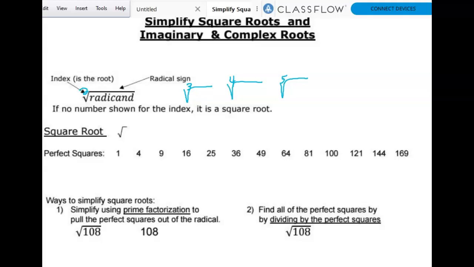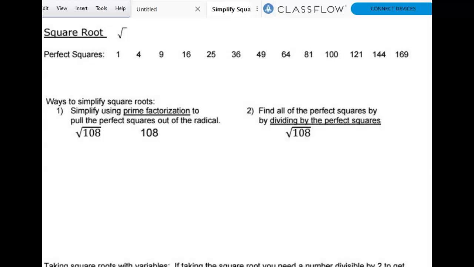Okay, so there are 2 ways to simplify a square root. I'm not sure how you've been shown, but I'm going to show you 2 ways that in general work pretty well. First of all, we're going to talk about prime factorization. Prime factorization means we're going to use prime numbers.